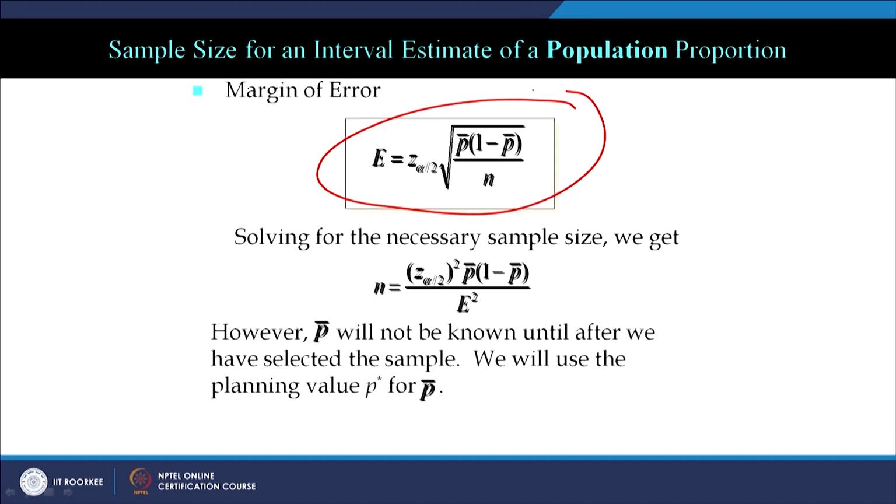So, we can solve this equation for n, and n is equal to this. So, this will not be known until after we have selected the sample, right. So, we will use the planning values of p star for p bar.